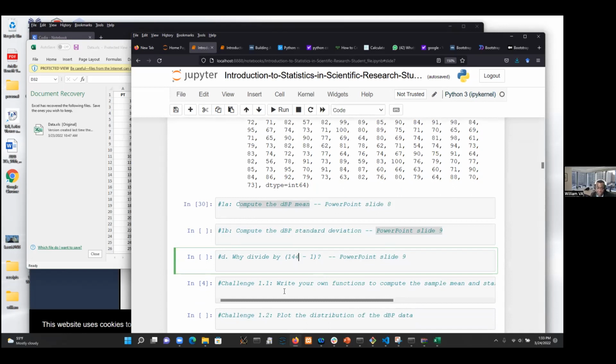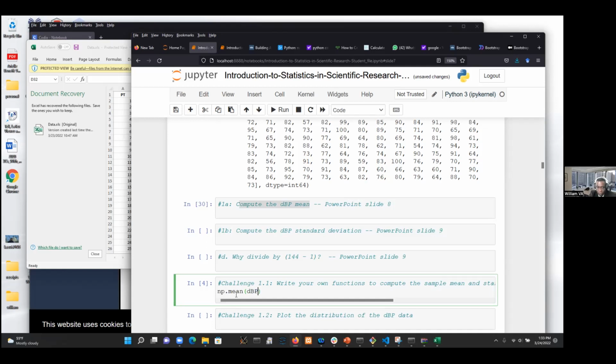There are two challenges. Instead of just writing this as a sequential formula, we'd like you to write a function so that you can just call it, just like we have np.mean. We also want you to write a function that would do the standard deviation for us.